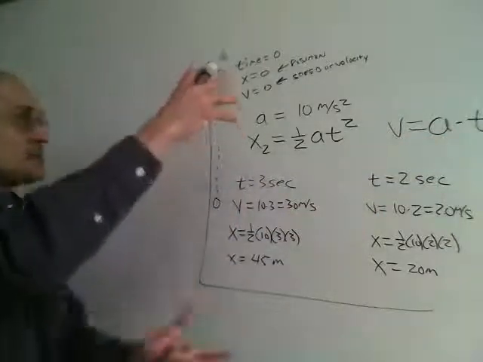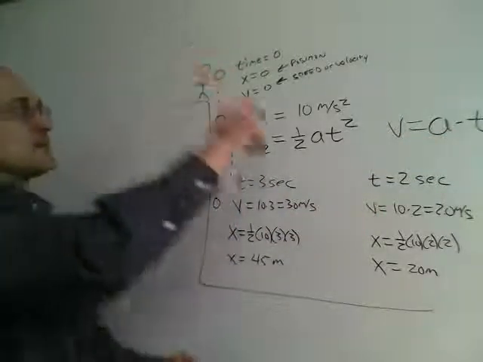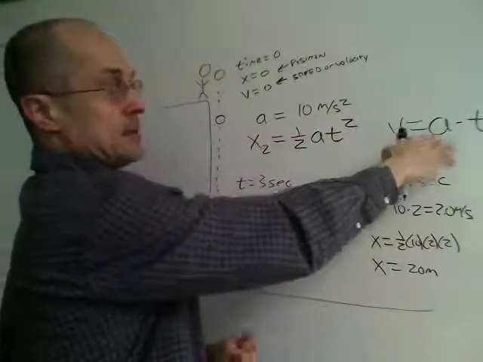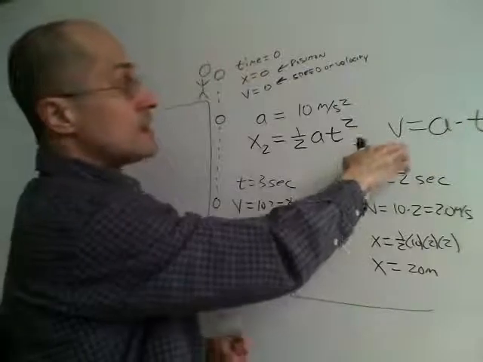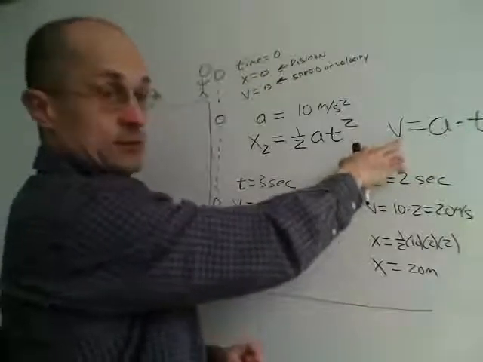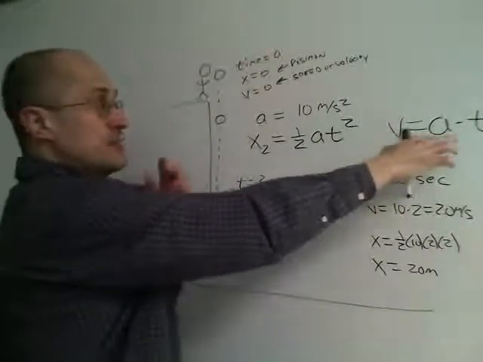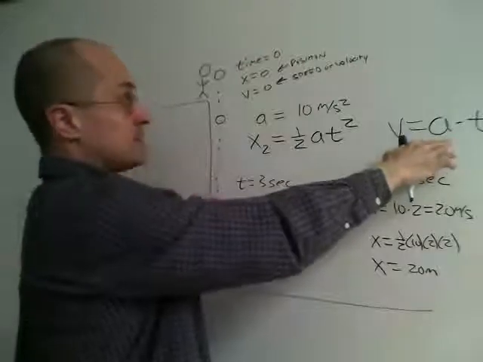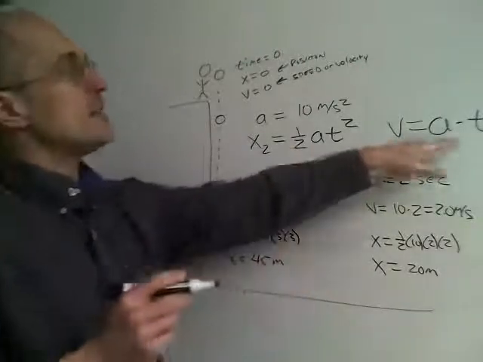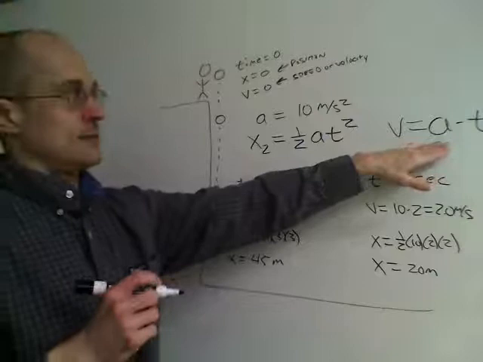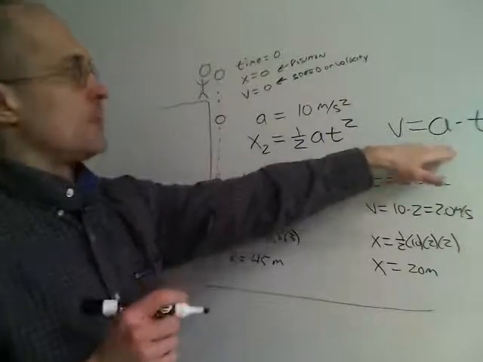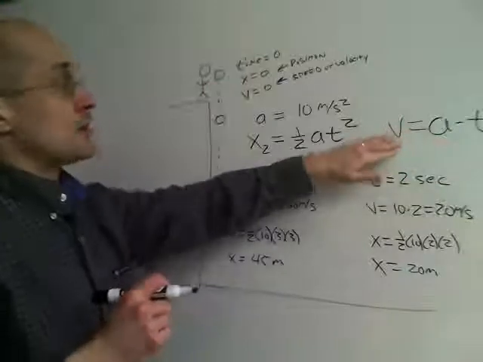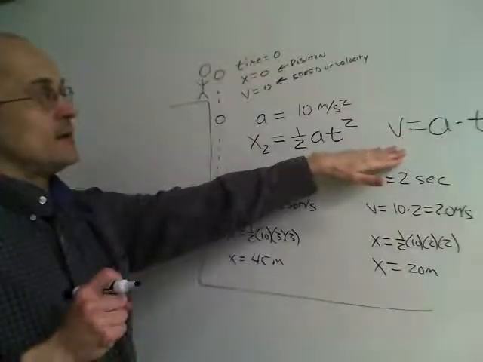So when we drop something, the acceleration is fixed. It's 10 meters per second per second. That's causing our velocity to change. So our velocity changes because we have a constant acceleration. Our acceleration is not increasing. We don't have variable accelerations. We have fixed accelerations that cause our velocity to change.